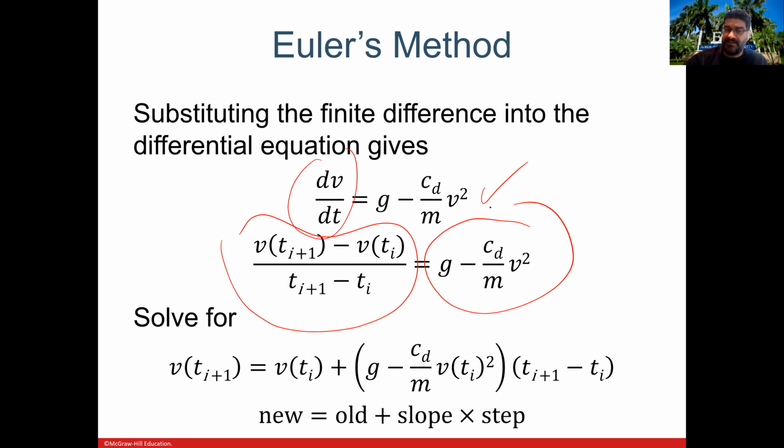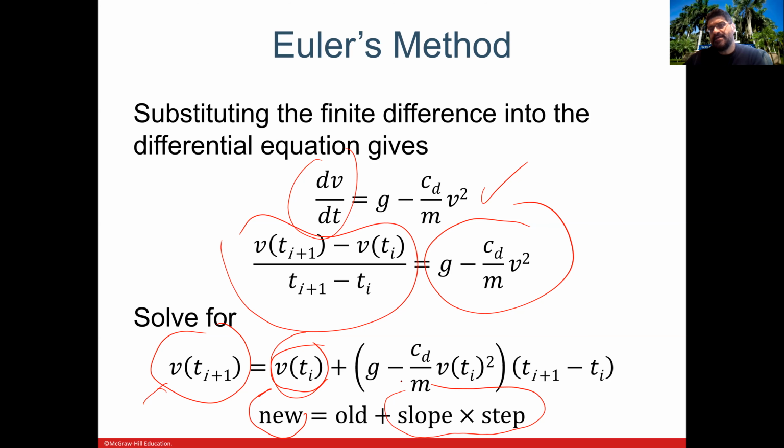You can rewrite this to find the value v at time i+1 as a function of v at t(i), which is the original. So this is the new value, this is the old, and this is the slope times the step. The step means delta t. Again, the smaller the step, the better representation of the plot we get. So new equals old plus slope times step.